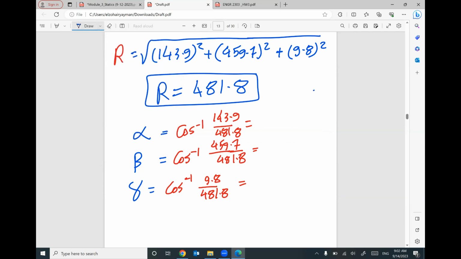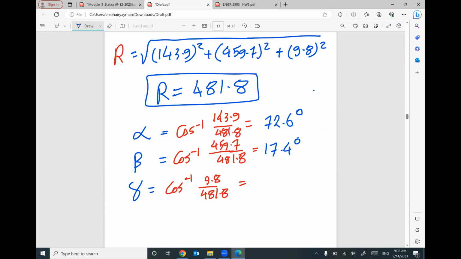I will start with the first one, inverse cosine 143.9 divided by 481.8. I got an angle equal to 72.6 degrees. Inverse cosine 459.7 divided by 481.8, I got 17.4 degrees.